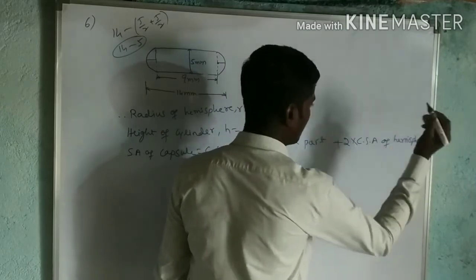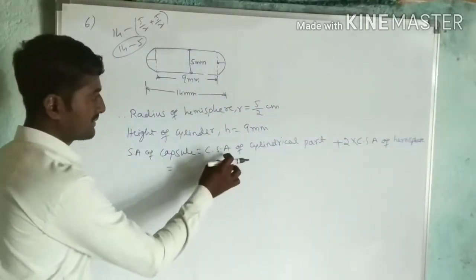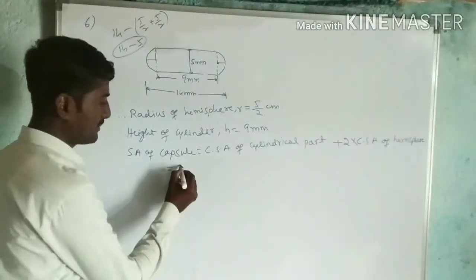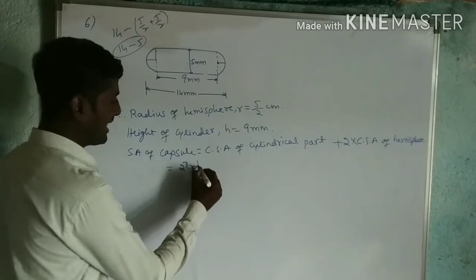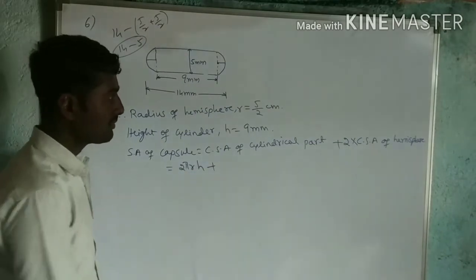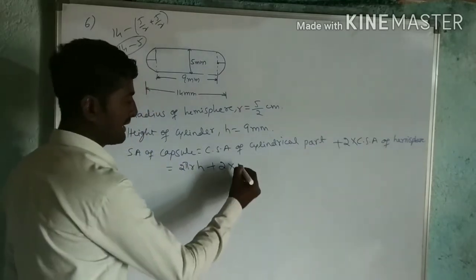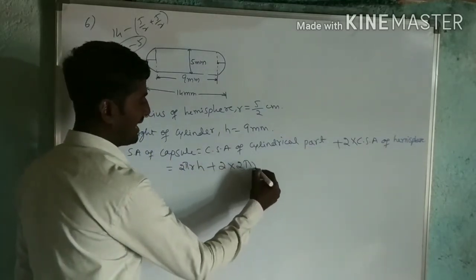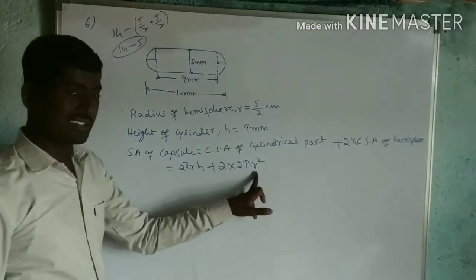Now we shall write the formula. CSA of the cylindrical part, that means the curved surface area of a cylinder, is 2 pi rh, plus 2 into CSA of hemisphere, that is 2 pi r square. You observe here r and r.